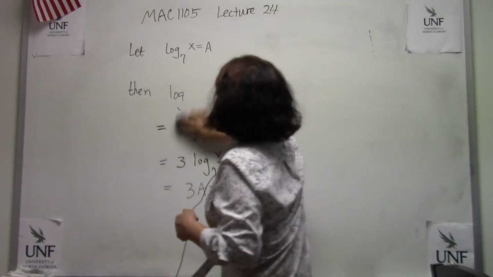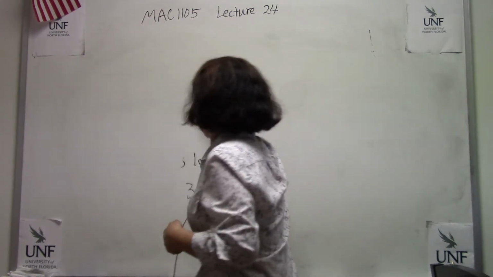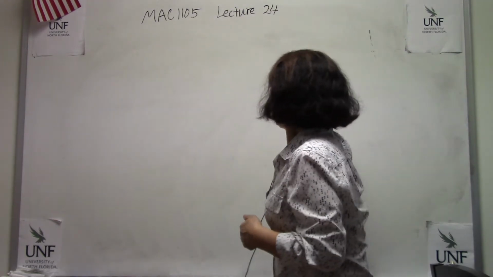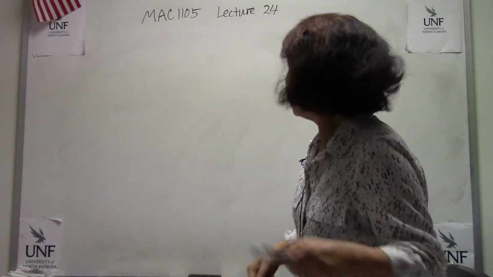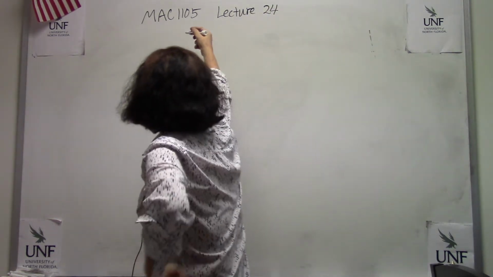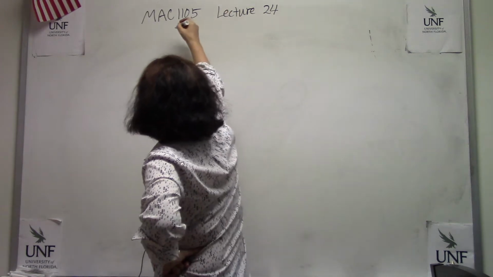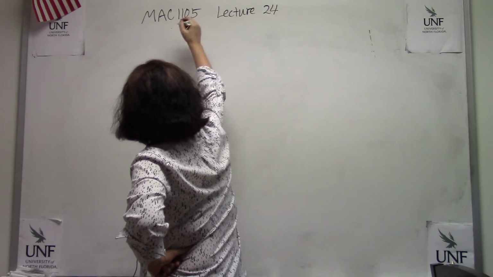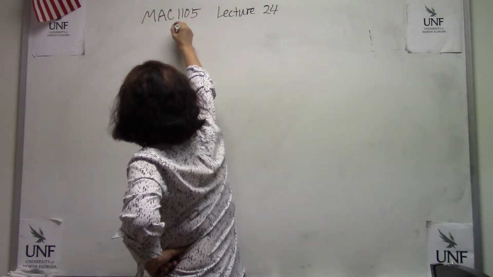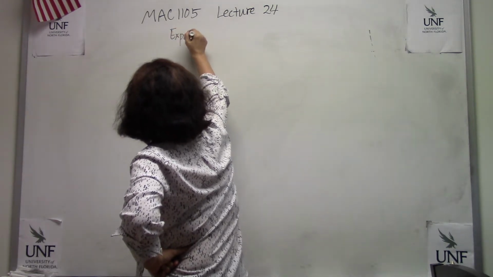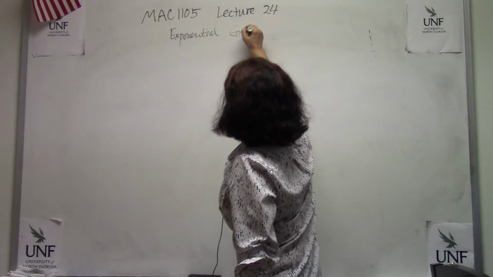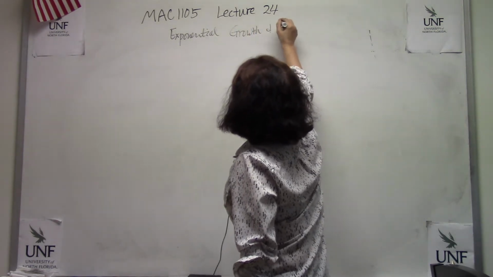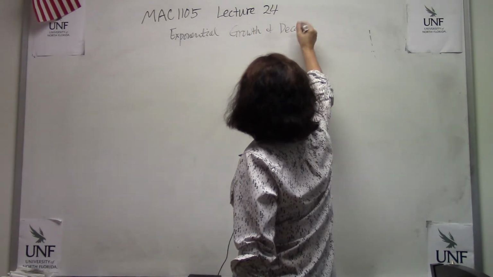All right, so for today's lecture, I'm not going to take a full class period, but I'm going to start from example 4. This is a core of this. Today's lecture is about the law of exponential growth and decay model.